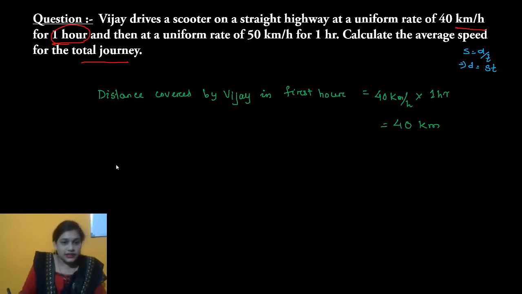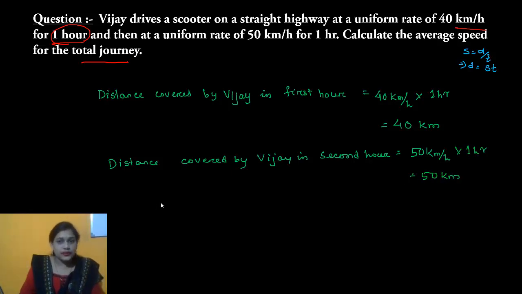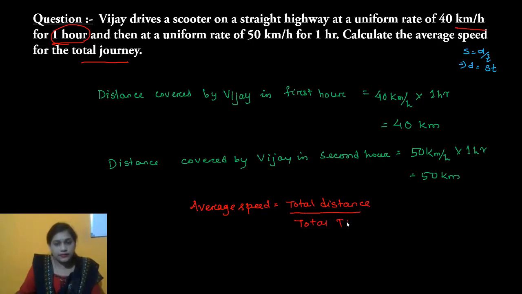Then the next distance travelled by Vijay, in the second hour, is 50 km per hour into 1 hour. So again 50 km. Now we have to find the average speed. Average speed is equal to total distance divided by total time.